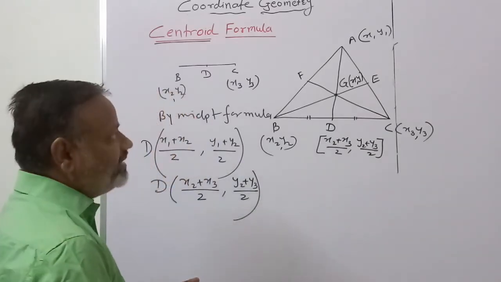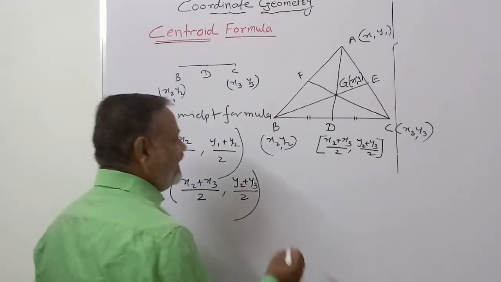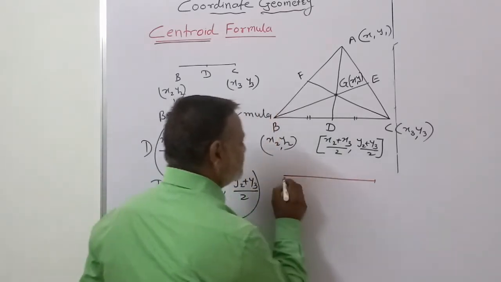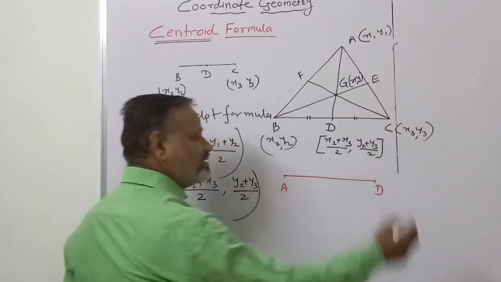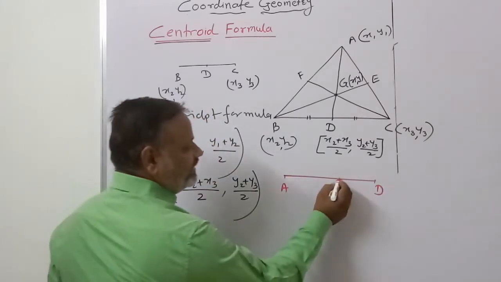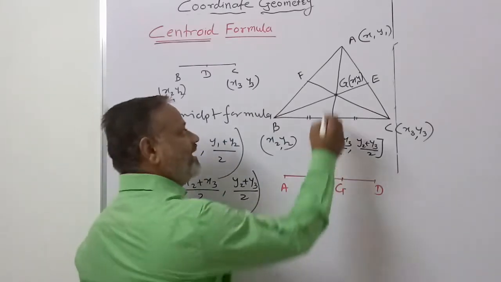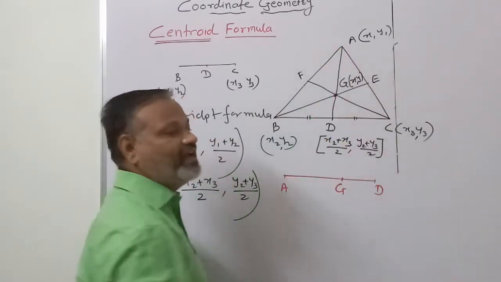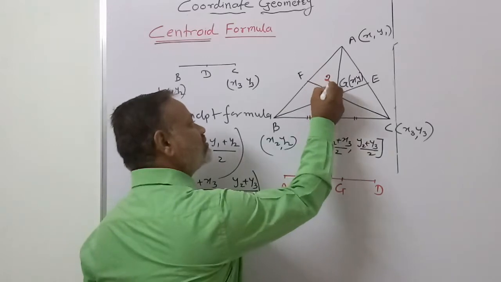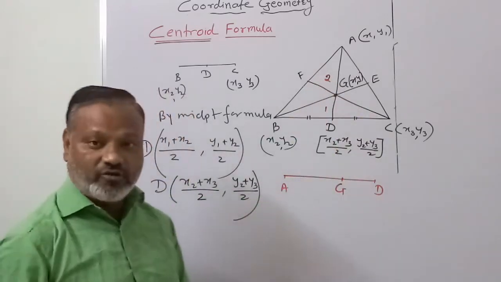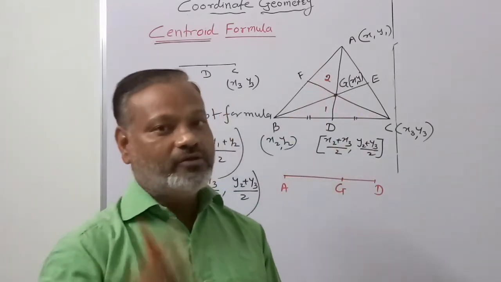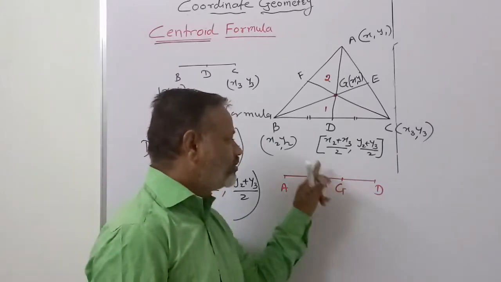Now here we consider AD is the segment. अब मैं कंसीडर कर रहा हूं AD को, ये segment है and G is the point here. Okay, you know that the centroid divides the median in ratio 2:1. Centroid ये median को कौन से पार्ट में डिवाइड करता है? 2:1.